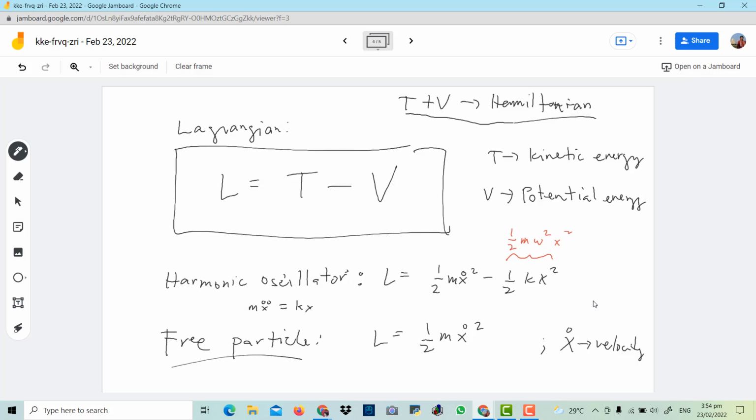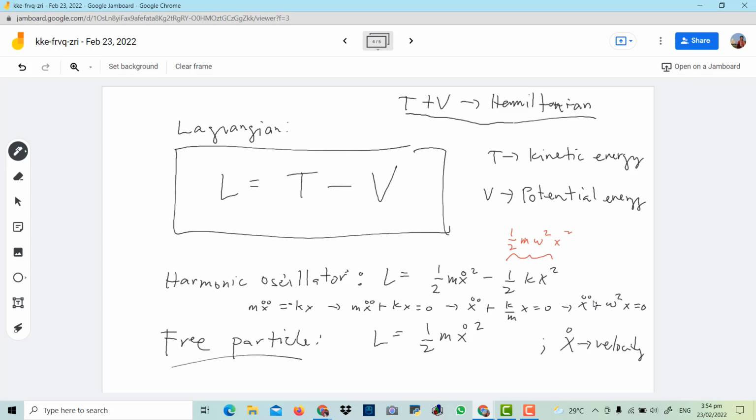Sakto ba? So this is a differential equation: m x double dot minus kx equal to 0, or you can do it as x double dot minus k over m x equal to 0, or x double dot minus omega squared x equal to 0. Plus din siya, because this one is minus. Okay?